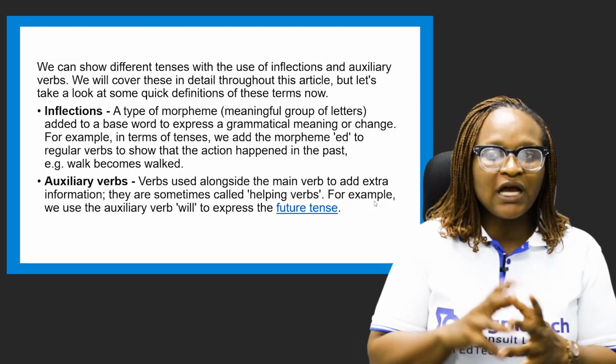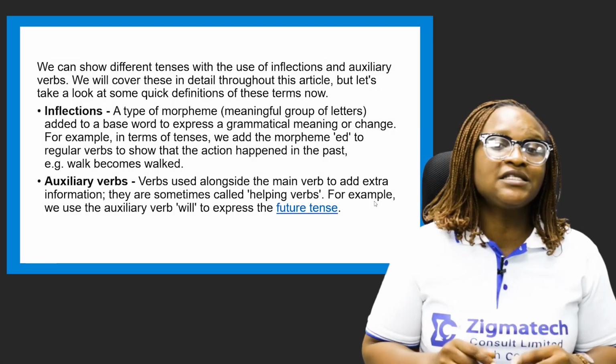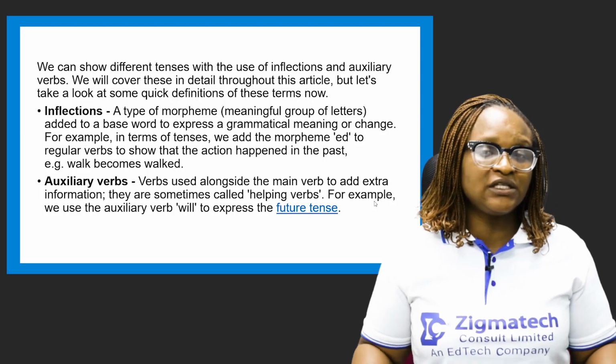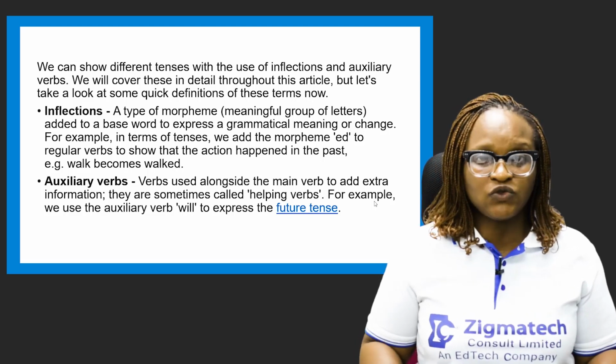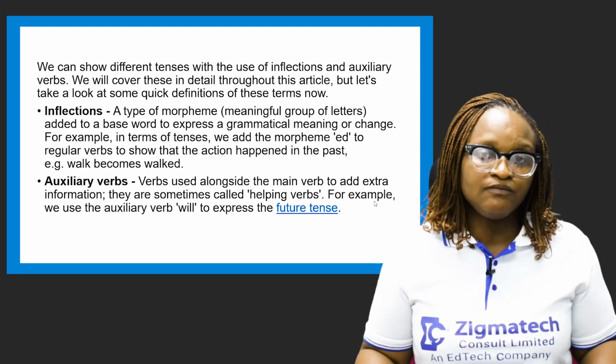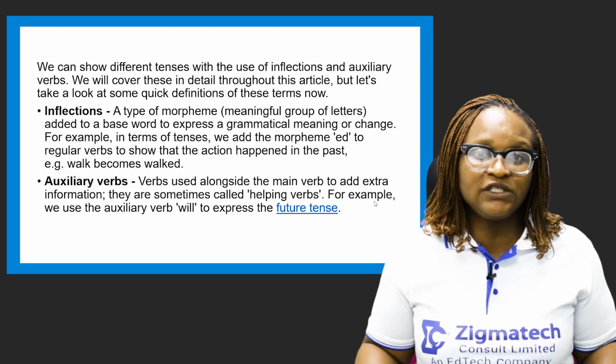So verbs used alongside the main verb add extra information. There are certain verbs that can't stand on their own. So what auxiliary verbs do is to help those verbs to stand. Now, as a matter of fact, the ing type of verb is seen as a non-finite verb because it doesn't show tense.